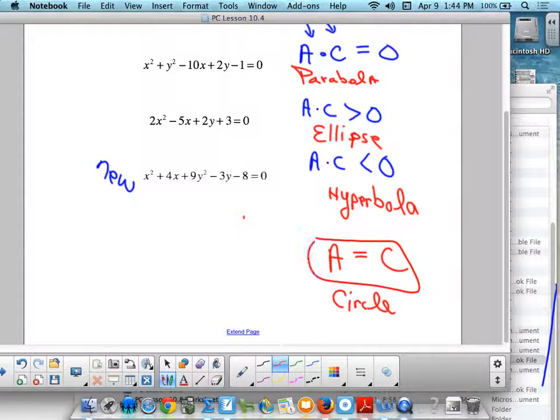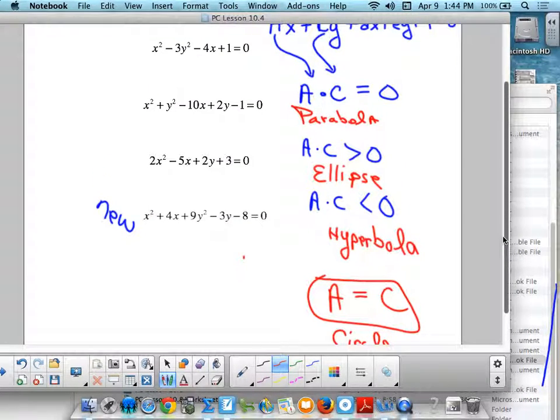Okay, now let's do them. Ready? It doesn't take long to do these. Where's a? Look at this one. A is 1. C is -3. If you multiply them, you get -3.